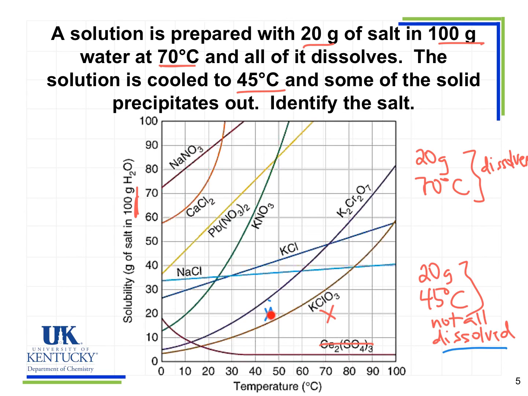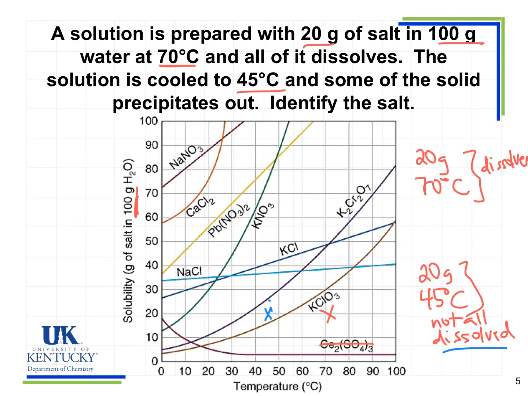So if I only had 20 grams of that compound, it would completely dissolve, which does not fit the description of my solution given in the problem. Same thing with NaCl. We have a solubility of about 36, 37 grams. So if I only put 20 in, it would all dissolve at that temperature.